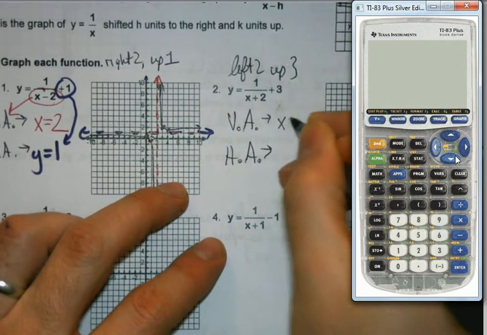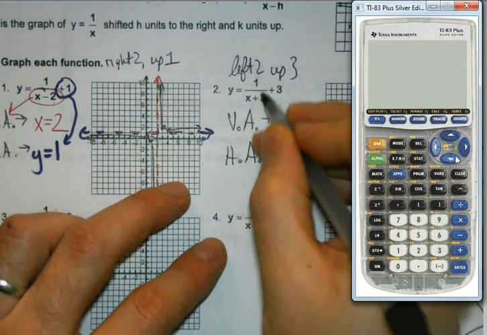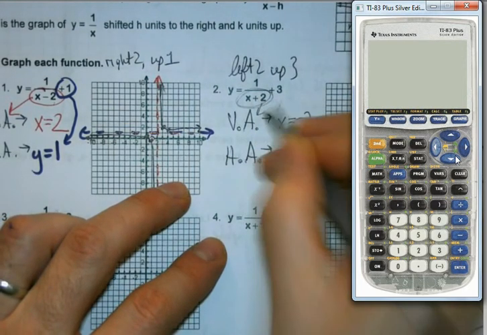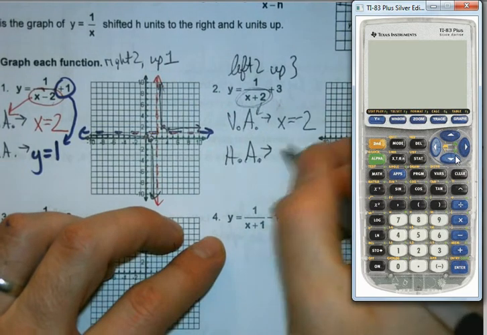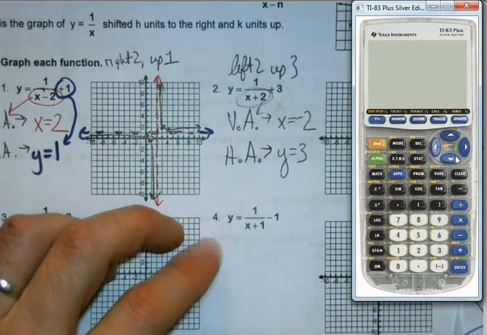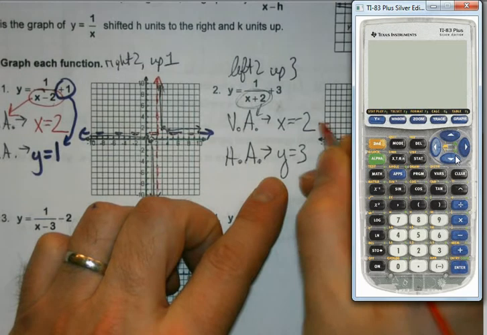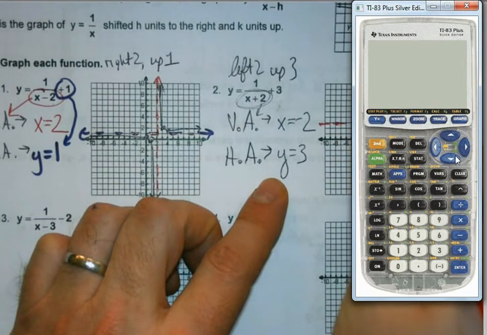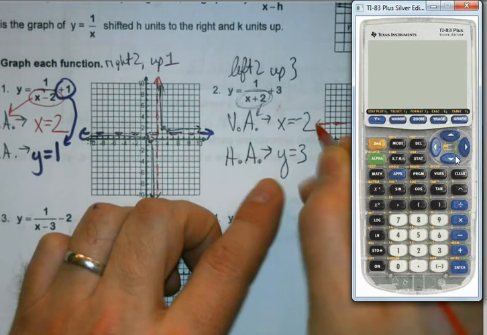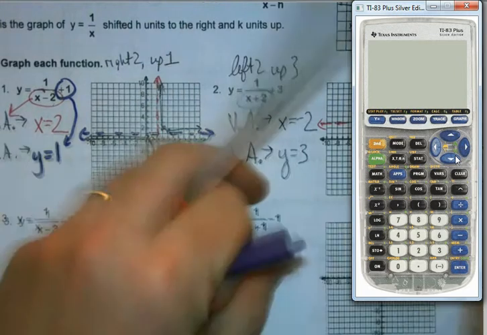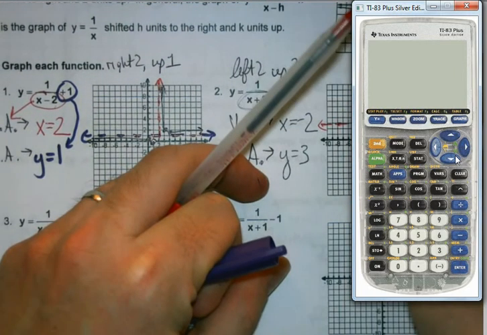Okay, -2. Because again, this correlates with this. Y equals 3. And y equals 3. So I get that popped in here. Get this guy popped in here.